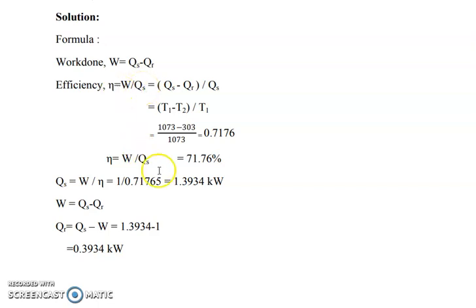Efficiency we have just calculated, it is 71.76%. In this relation, substitute, and you will get the heat supplied. The work done is 1 kilowatt, efficiency is 0.7176. If you divide this, you get the value of 1.3934 kilowatt. So heat supplied for the given condition is 1.3934 kilowatt.